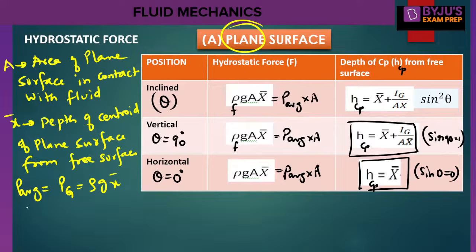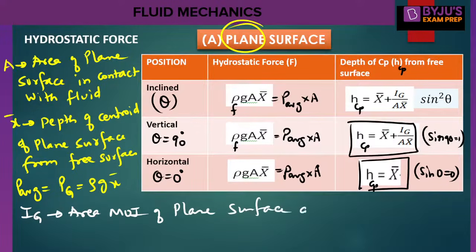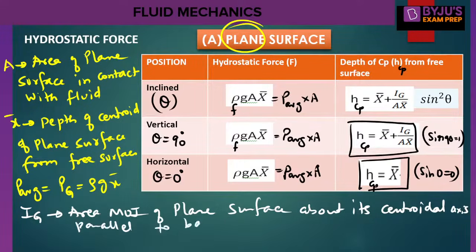And what is Ig? Here Ig will be equal to the area moment of inertia of the plane surface about its centroidal axis, which is parallel to the base.